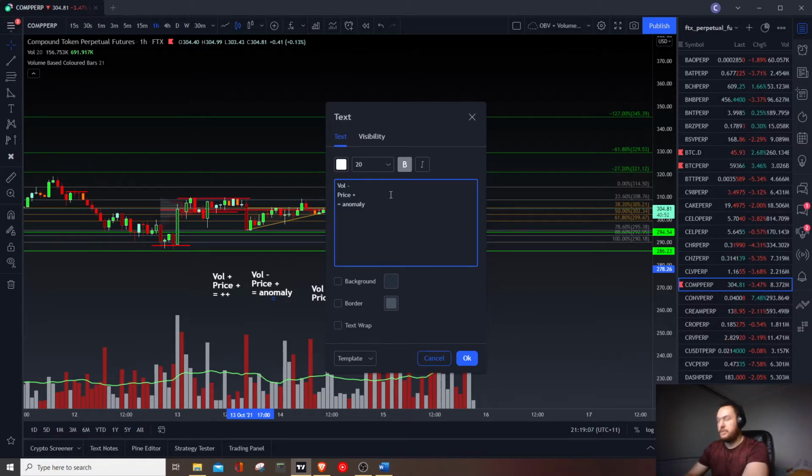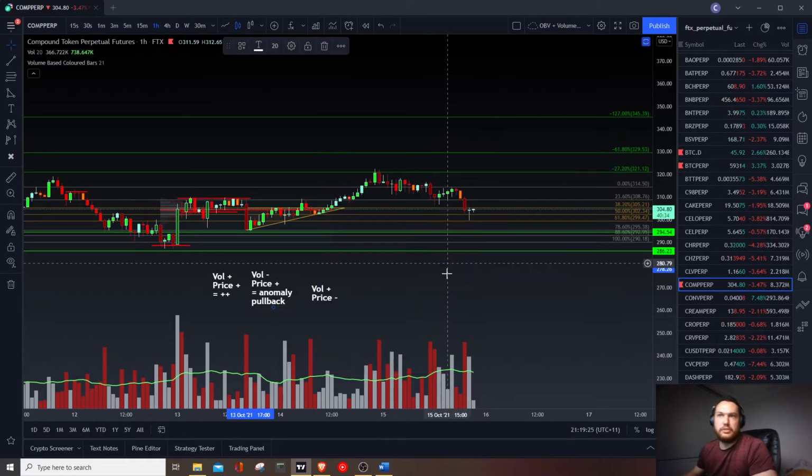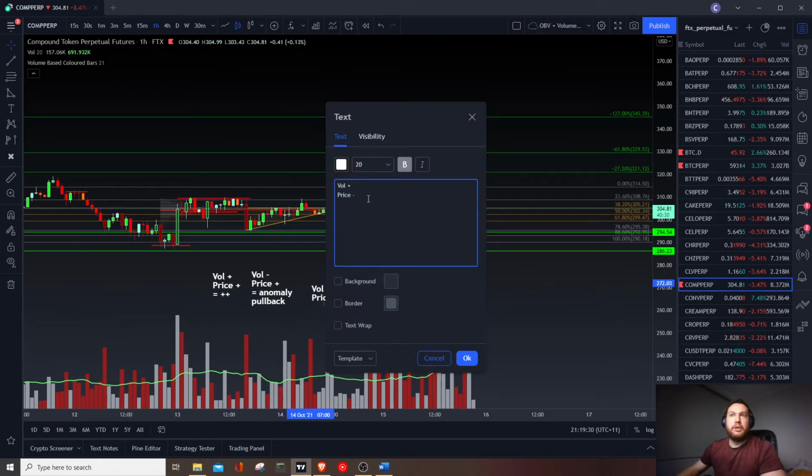So potential pullback. So it's downtrending, and then price starts to move up as volume descends. Then it's probably just a pullback, or it's an anomaly. So you've got to examine that. If volume is ascending and price is moving down, then it's correct, downtrend, most likely.